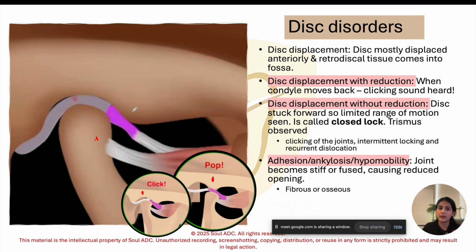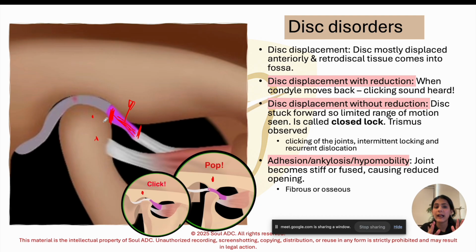However, if the disc is stuck forward, it stays there and does not allow your condyle to move forward.